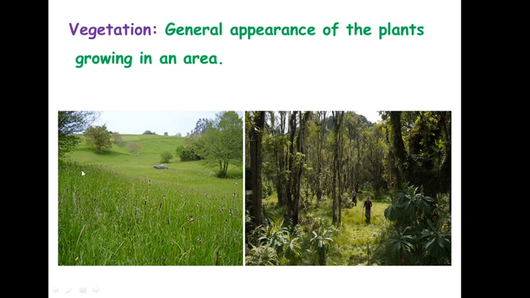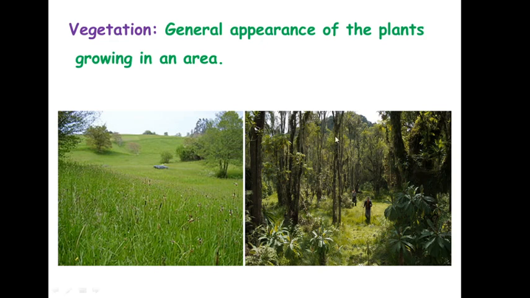Trees are there. Then why do we call it a grassland? Because the dominant species here is a kind of grass. So that is the vegetational study. It means that in vegetational studies we just consider the general appearance of the plants growing in a particular area. Individual species is not given importance.